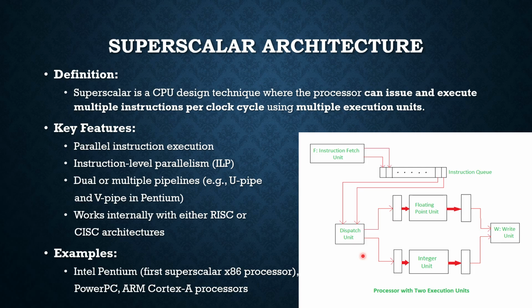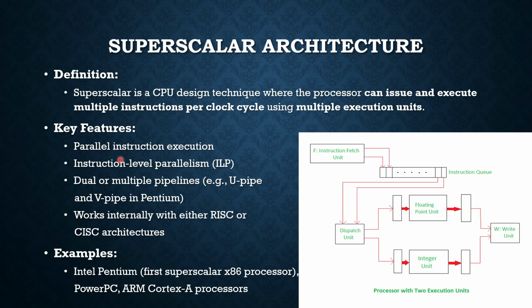The key features include parallel instruction execution and instruction level parallelism, ILP, meaning we can execute instructions in parallel. It can operate in dual or multiple pipelines, for example the U pipeline and V pipeline, which we mentioned earlier in the case of Pentium.